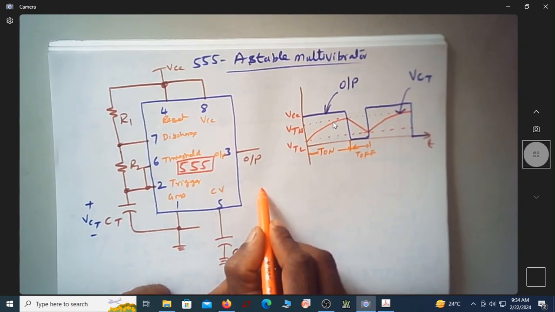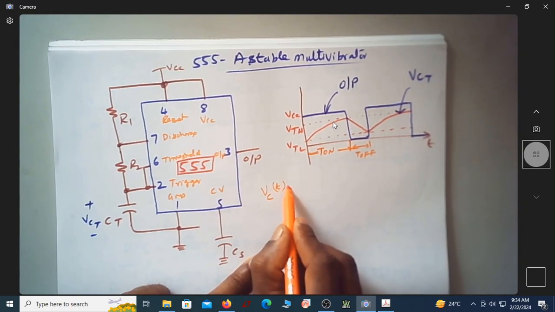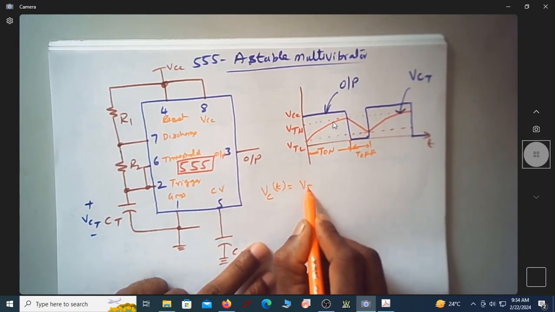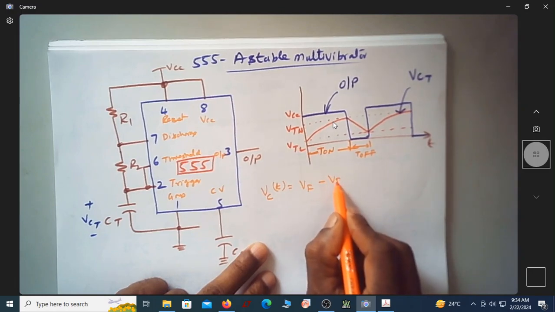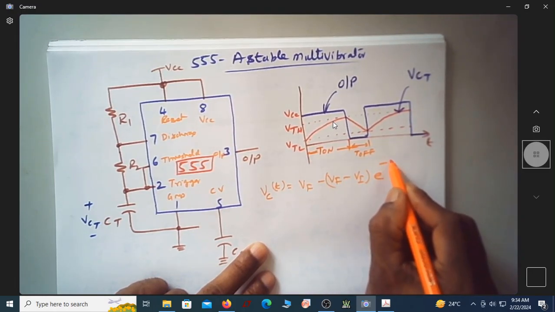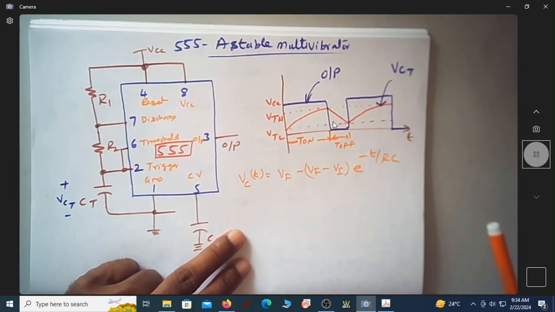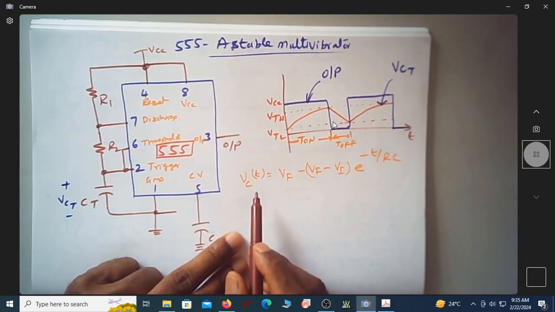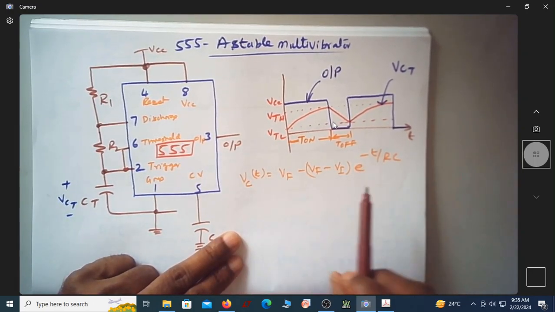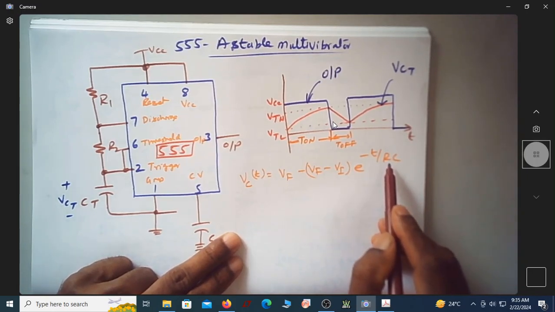The voltage across the capacitor at any time is given by V final minus (V final minus V initial) times e to the power minus t by RC. This is a very general expression for the voltage across a capacitor having a capacitance of C and a charging or discharging resistance R.